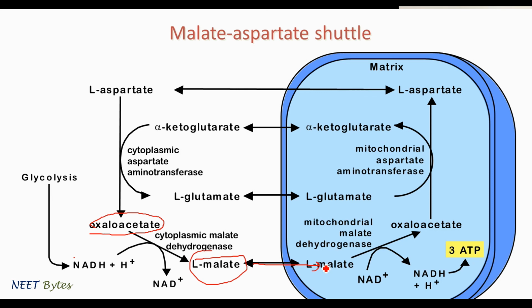So in that case altogether 38 ATPs are formed, right? So this is all as far as the malate aspartate shuttle and the glycerophosphate shuttle are concerned. I hope the reason for the difference in 36 and 38 ATP is very clear.